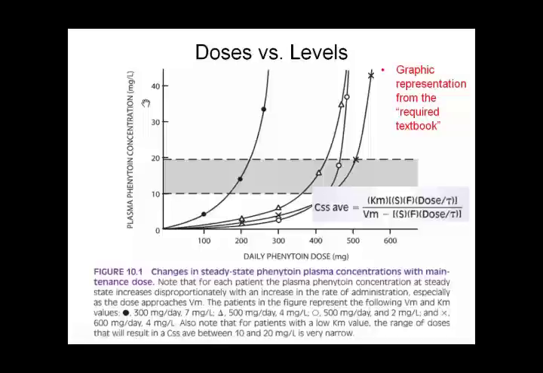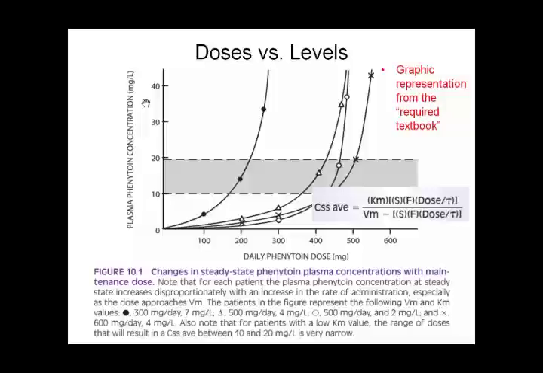And initially you will see that the drug follows first order kinetics, then at higher doses above like 100 milligram per day, which is above what we normally give to patients, the drug kinetics follow Michaelis-Menten kinetics.